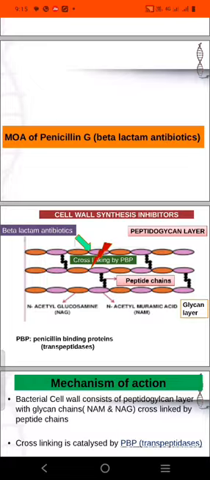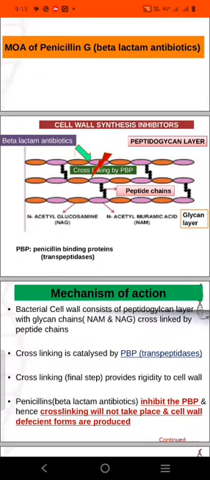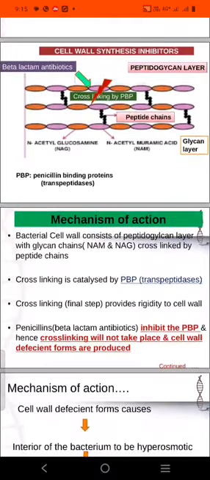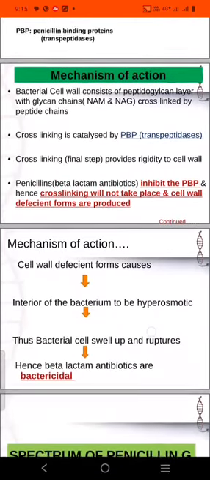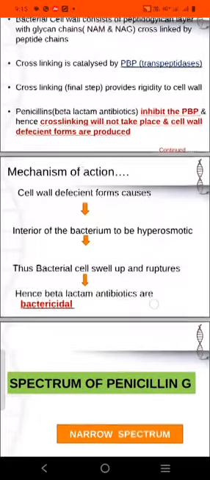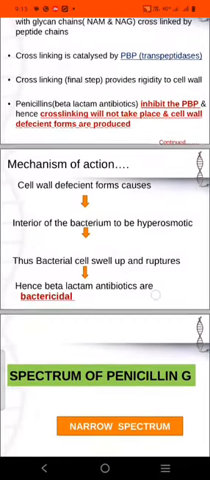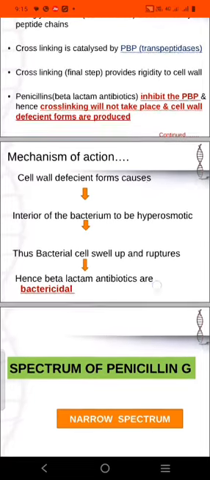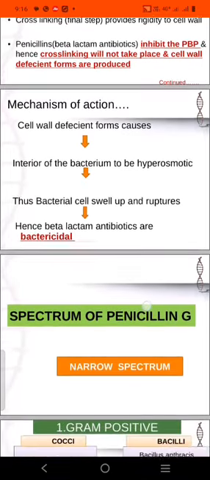Penicillin binds with these enzymes, that is penicillin binding protein, and inactivates it. So that will inhibit the bacterial cell wall synthesis, thereby the bacterial cell swells up and ruptures.